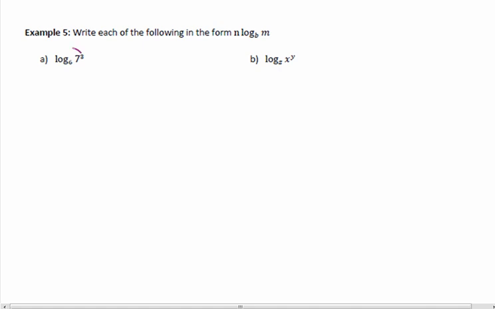In front of the log. So this is equivalent to 3 times log 6 of 7. So what would this one be equivalent to? Y times log Z of X. Z.